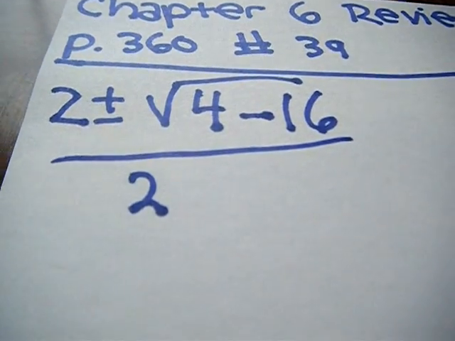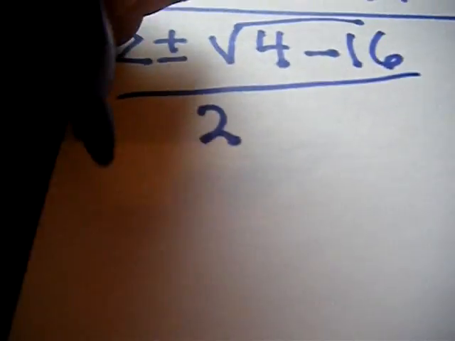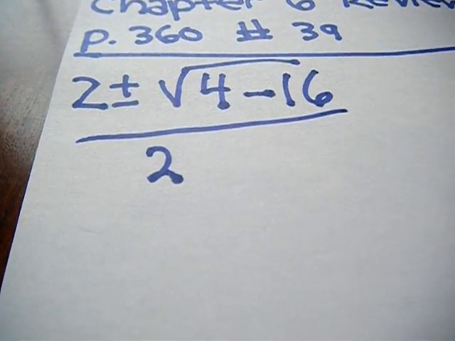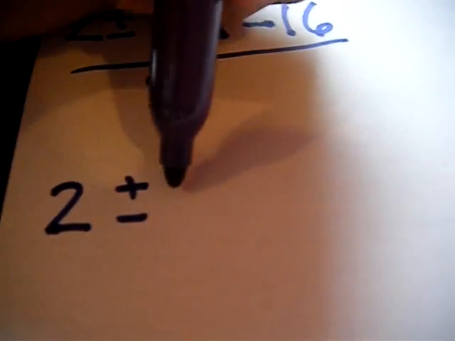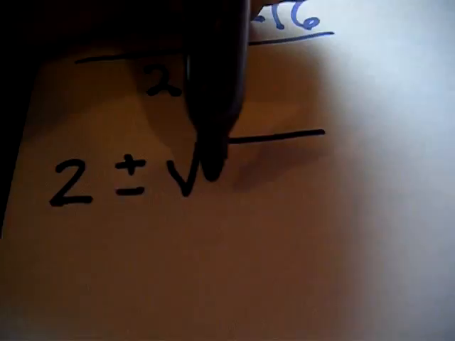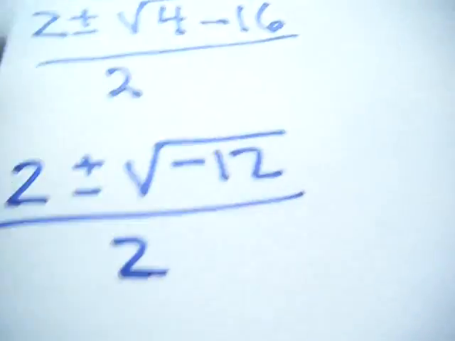And so then when we go back up here, we now have a more simplified version of this. So then next we have to take 4 minus 16. And so we have 2 plus or minus the square root of negative 12 all over 2.